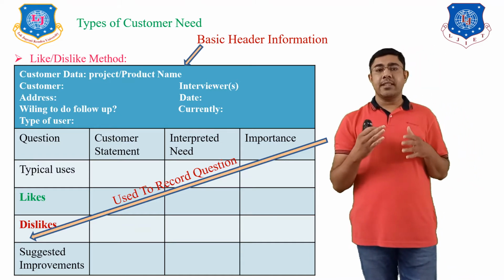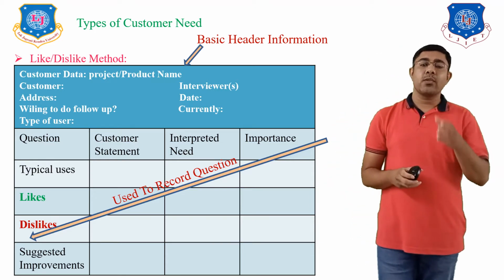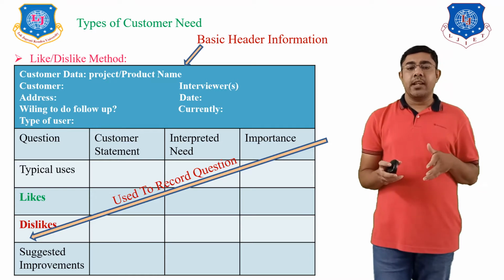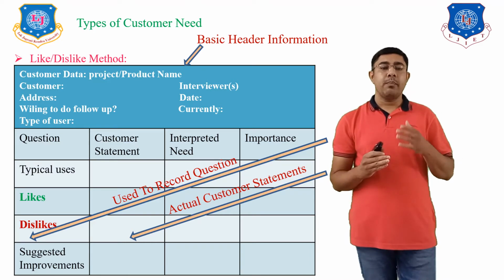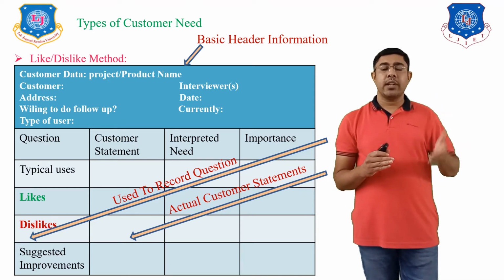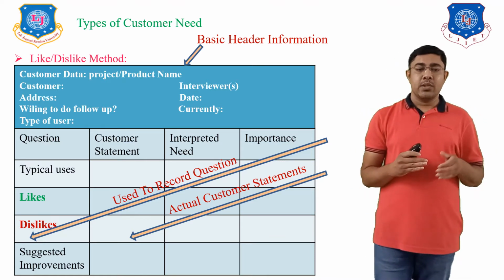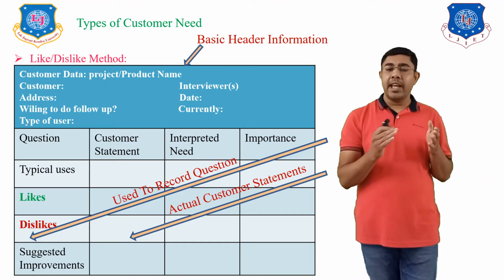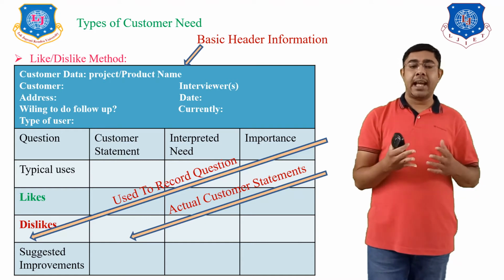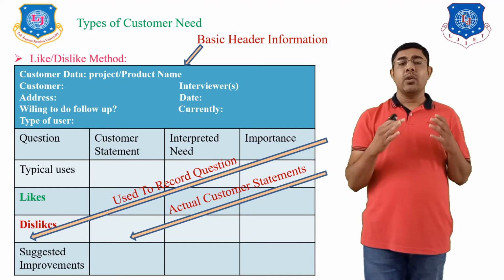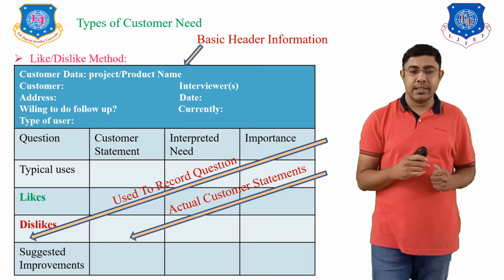The second column shows the customer statement. Based on the questions in the first column, whatever the response of the customer is recorded as the customer statement. For example, customers' likes, dislikes, suggested improvements or typical uses are all mentioned in the customer statement column.